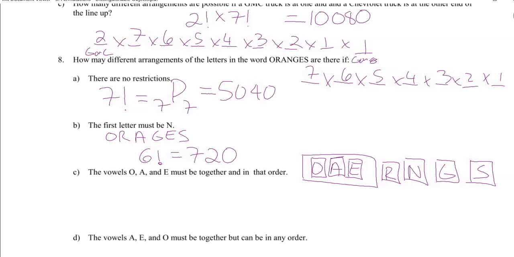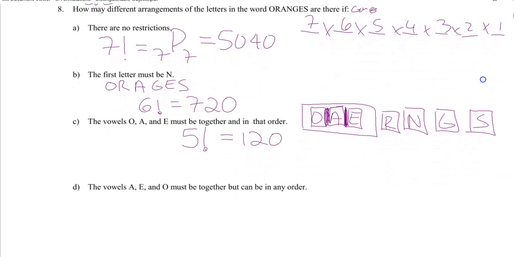I'm going to combine OAE onto one tile and I'm going to glue them in place. So now how many tiles do I have to arrange? So I've got the OAE is 1, and then I've got the R, the N, the G, and the S. So I have 5 things to arrange. How many ways can we arrange 5 things? 5 factorial, or 120 ways. Right. So that's what the OAE, but they have to be in that order, right? So they're glued together. There's the glue.